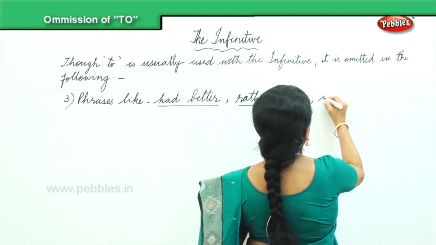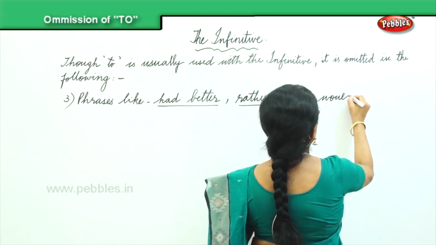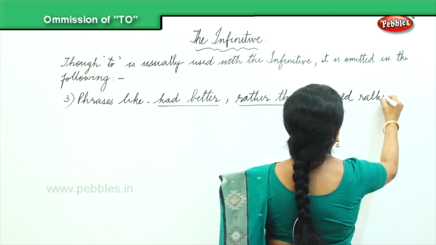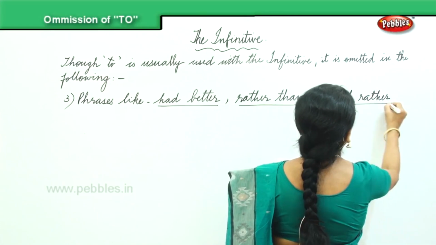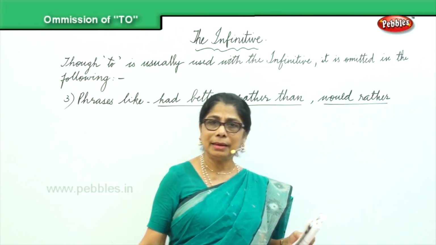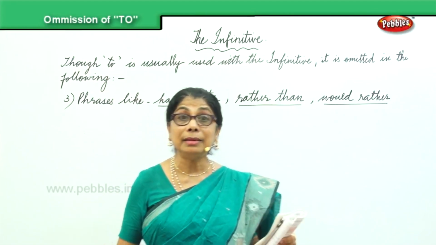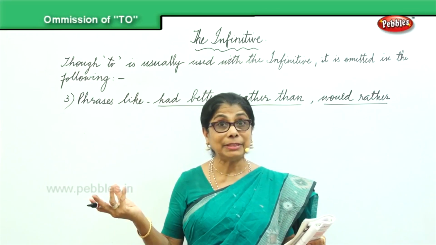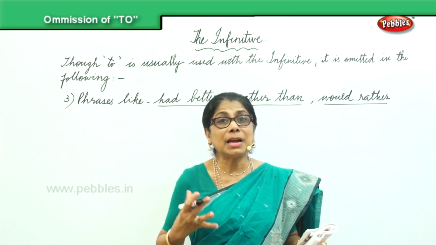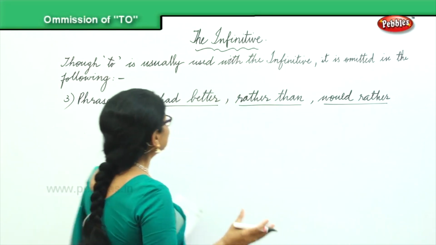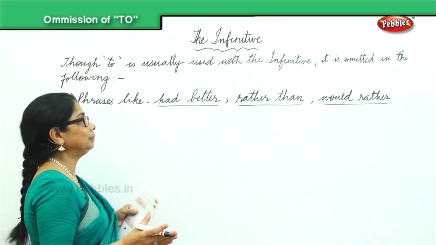Would rather. I would rather go home than get caught in the rain. I would rather wake early. Otherwise, I'll miss the bus. I would rather start early to be on time in school. So the phrases had better.